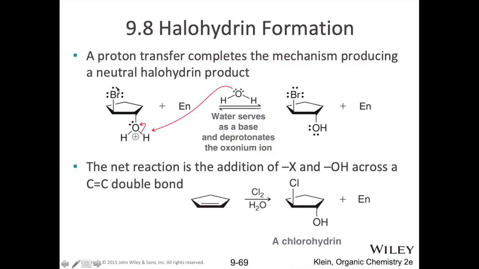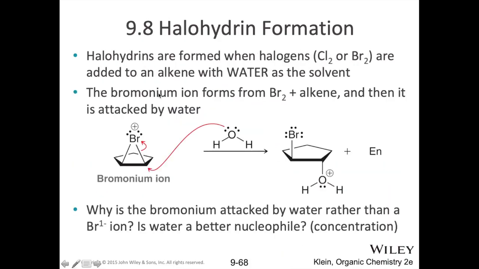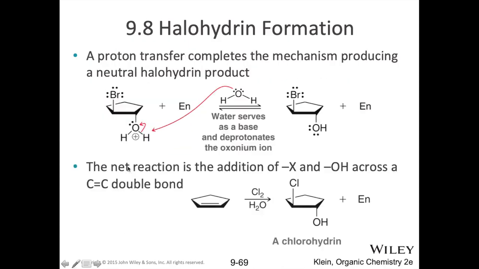Because that bromine still blocks off one side of the bromonium ion, if I go back to the previous slide. So your water molecule has to act on the opposite side of your bromine and make that anti-product, as you can see here. And of course, it could attack either carbon and make the corresponding enantiomer.